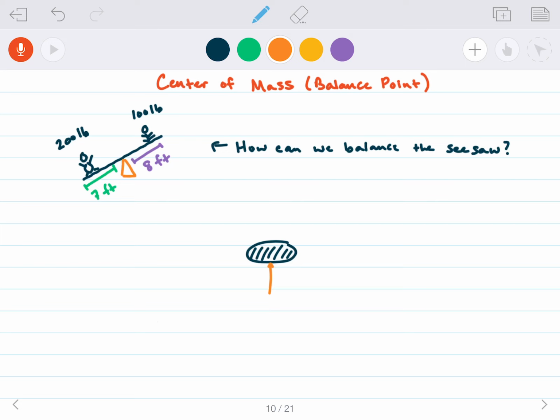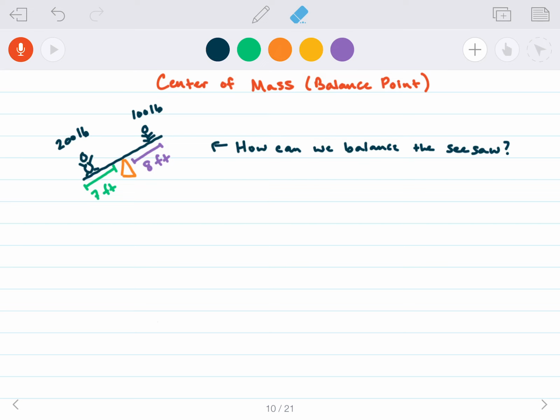But if something doesn't have uniform density, like for instance, if this was heavier on this side, the center of mass is going to shift. You're going to have to put that pencil more to the left if it's heavier on the left side. So that's what we're looking at. The question that I have here is how do we balance the seesaw?